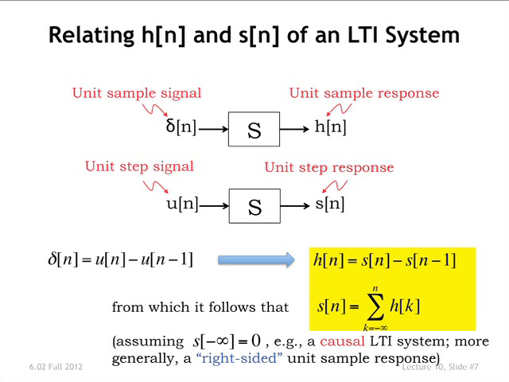But at some point, I need an actual value so that I can close off that expression. And if you're talking about a causal linear system, because the all zeros input produces the all zero output, and it's causal, you can deduce that the step response at time minus infinity must be 0. The input hasn't yet arrived, therefore the output must be 0.